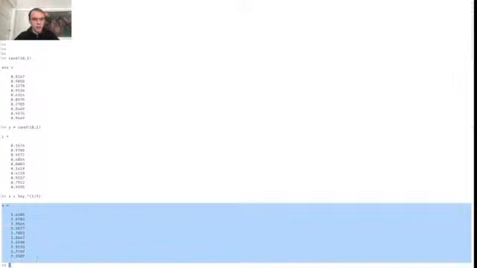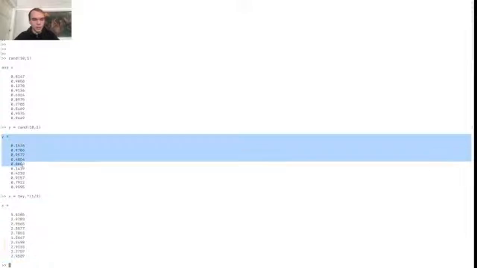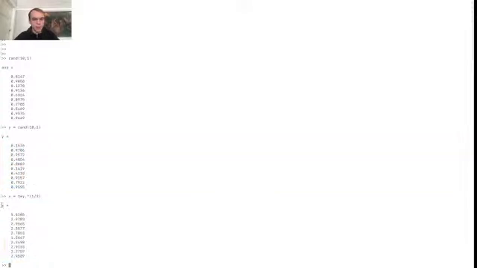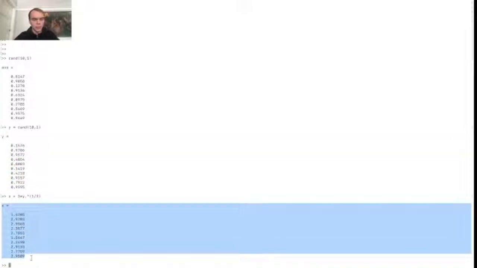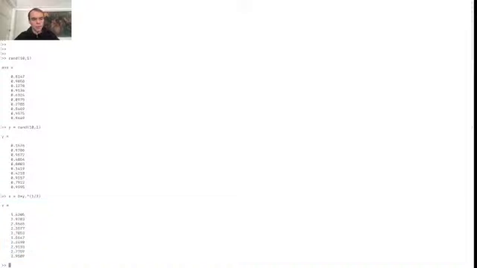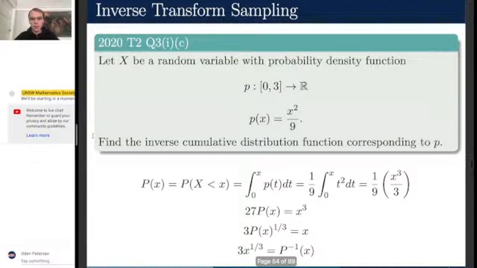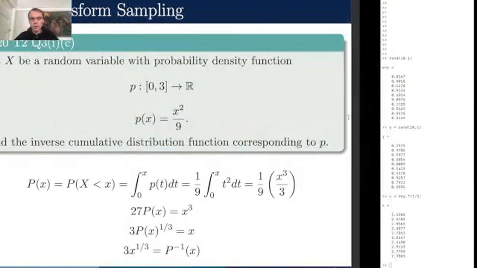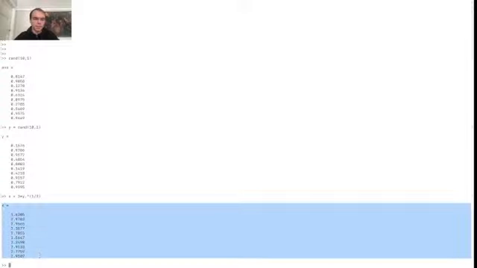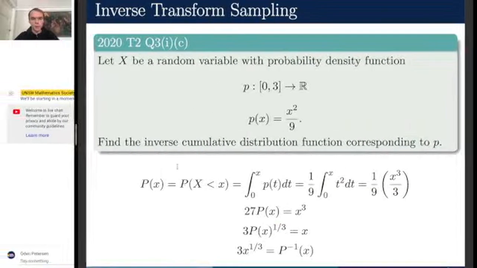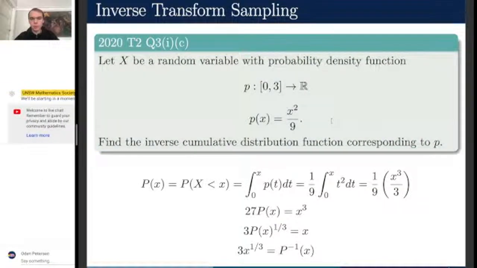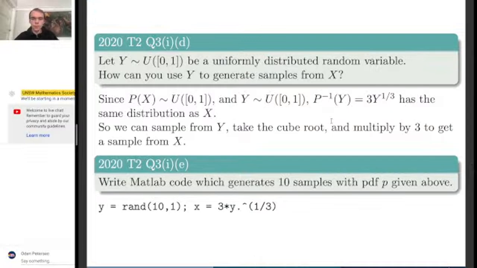And now these x's range from 0 to 3, as we wanted, and they should follow this original PDF. If you plot a histogram of these x's, this original PDF will describe what that should look like. Cool.